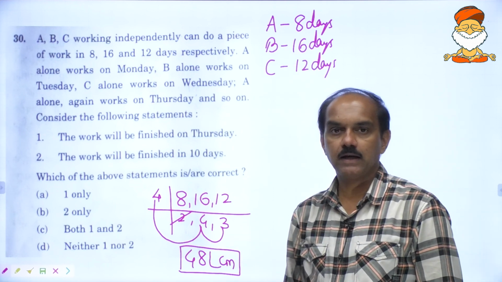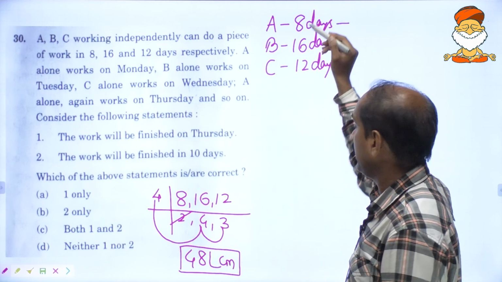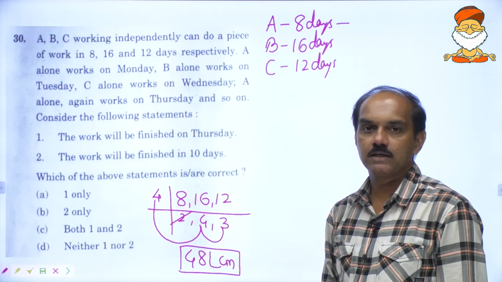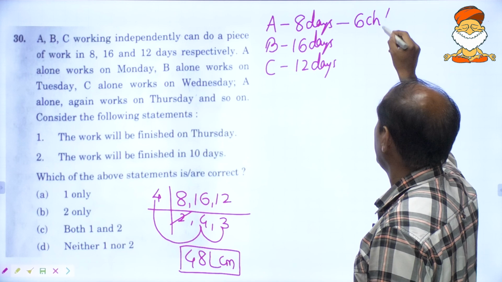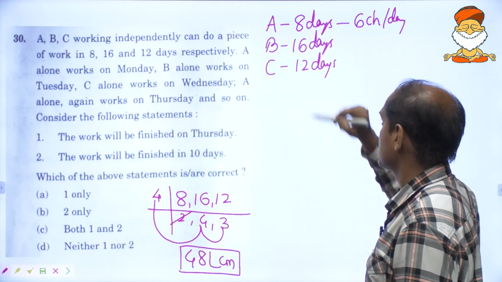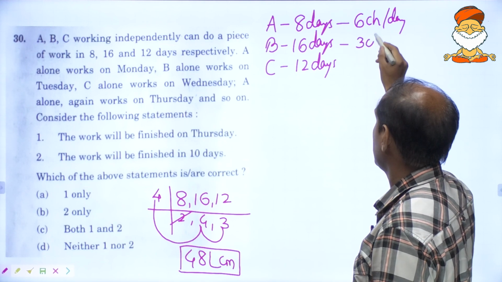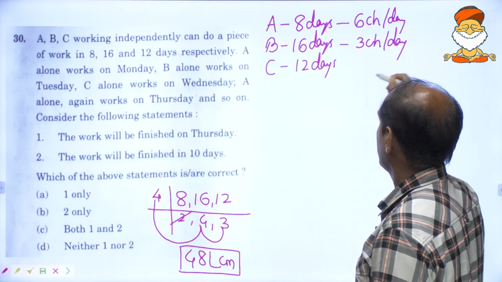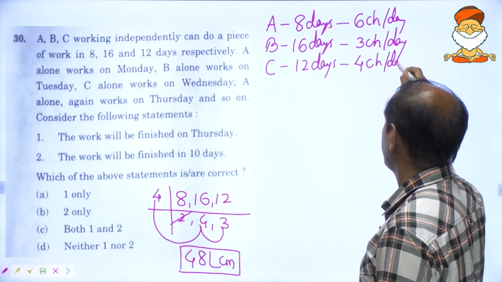If I ask A to arrange 48 chairs, he said he needs 8 days time. In 8 days, he will be arranging all the 48. Only goes to say that every day he must arrange 6 chairs because 8 6s are 48, 16 3s are 48, same way 12 4s are 48.